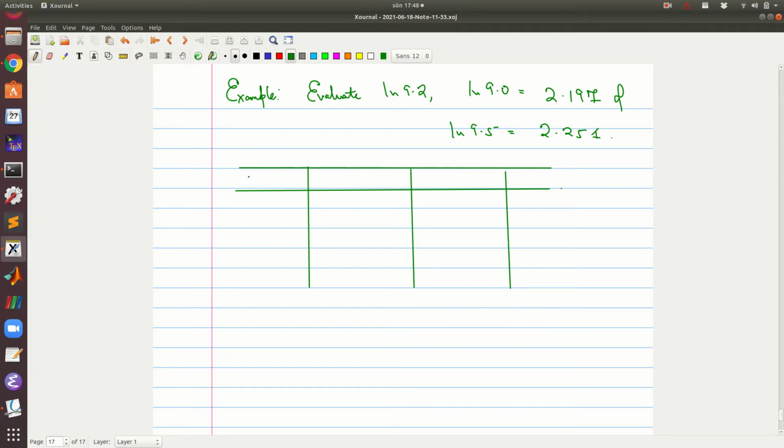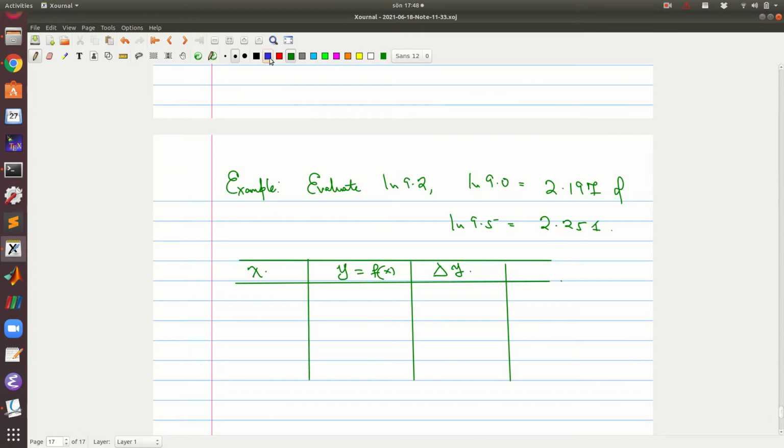In the table we have our values of x, then our y equals f of x, and then our forward difference here. I hope you have been able to see that this is our intermediate point x, because we have a point to the left of it, which is our x naught, and a point on the right of it, which is our x1.